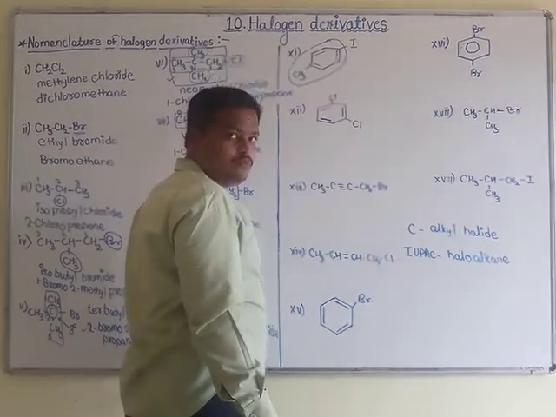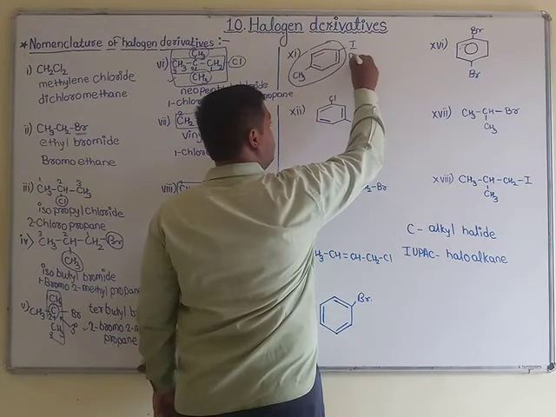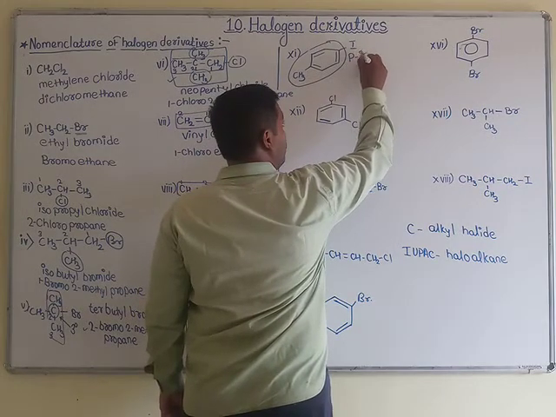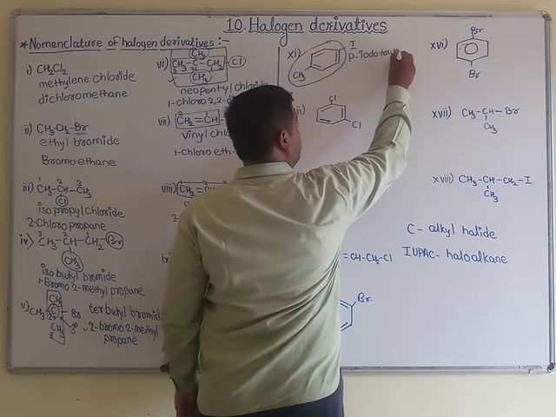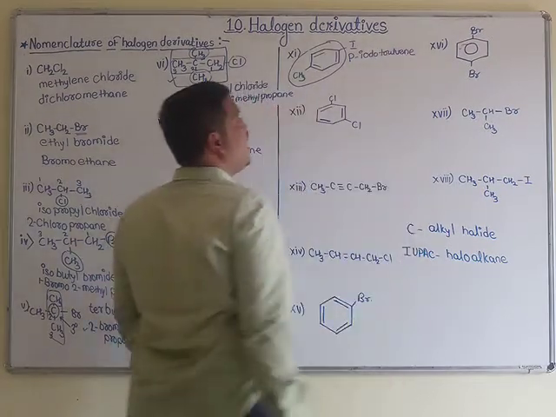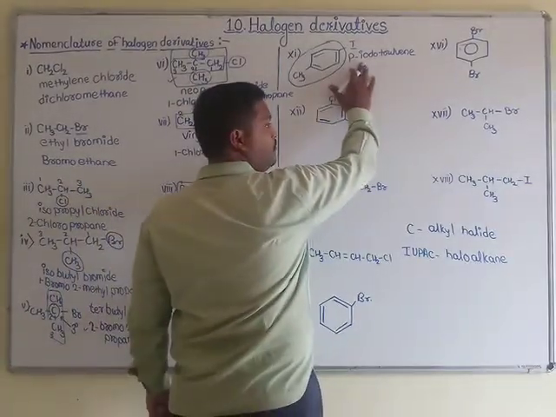Therefore, the common name of this compound is para iodo toluene.